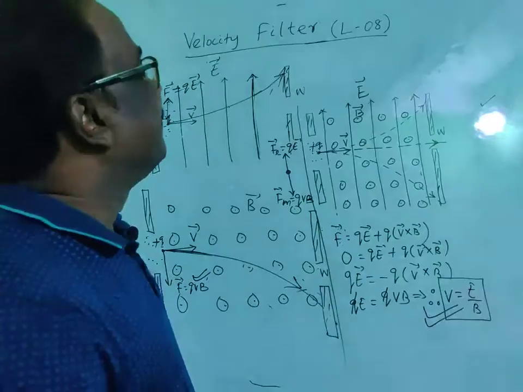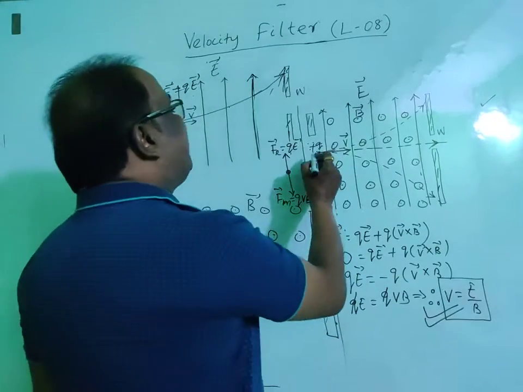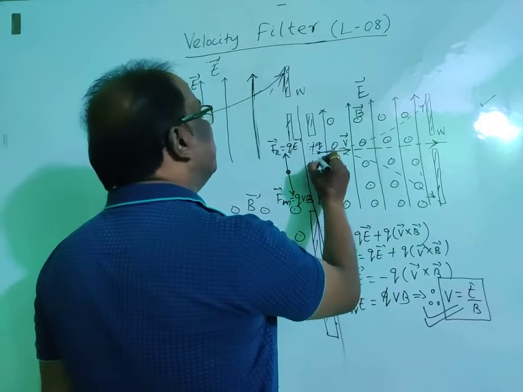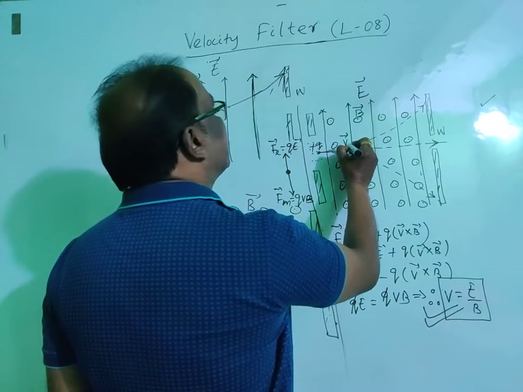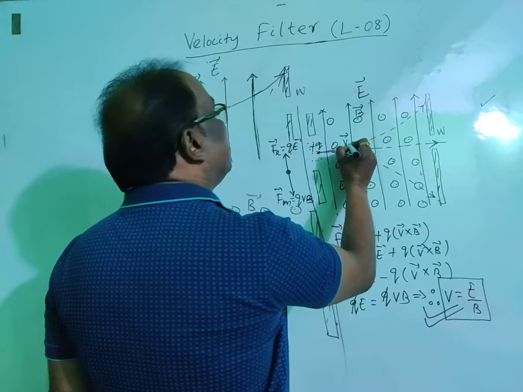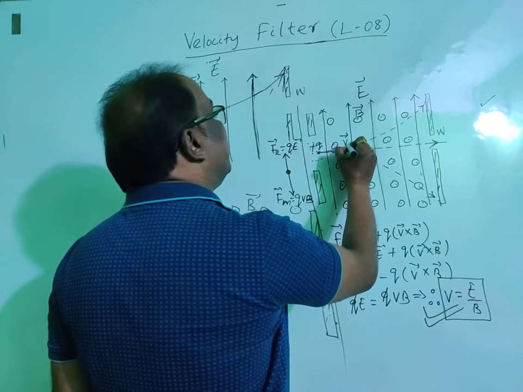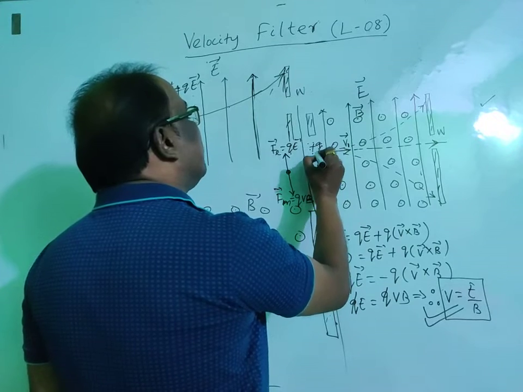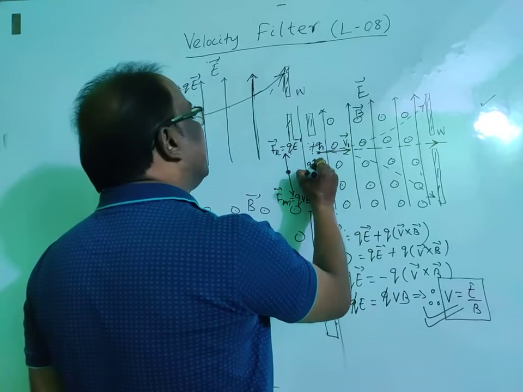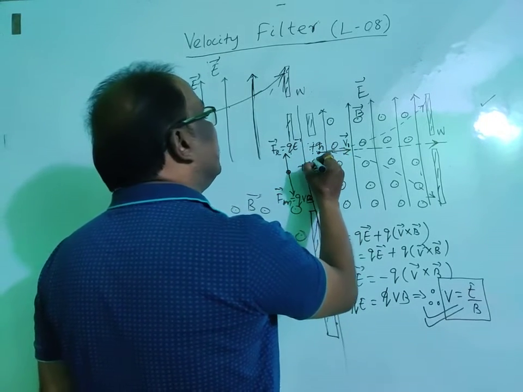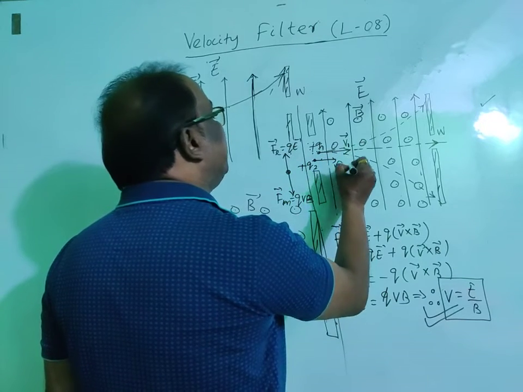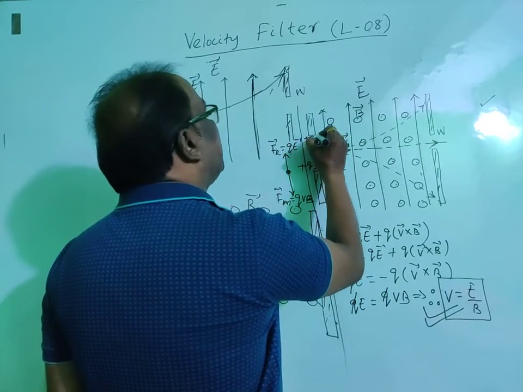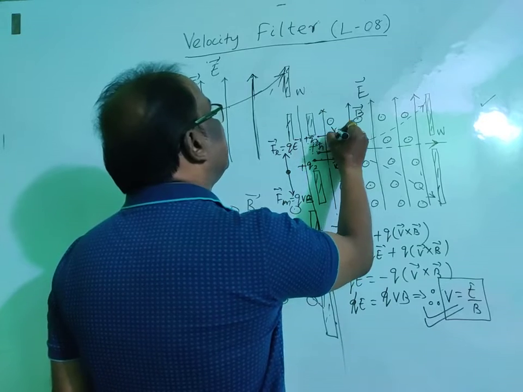Clear? Okay. So if a number of charged particles are moving with different velocities, let the velocity of this particle Q1 be V1, another charged particle Q2 is projected with velocity V2, another charged particle Q3 with velocity V3.